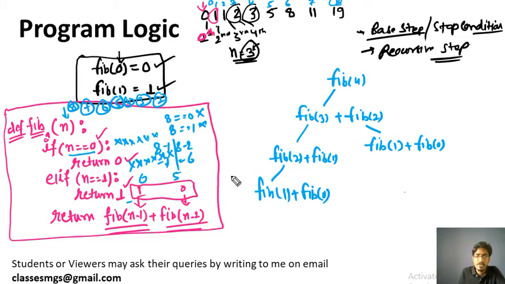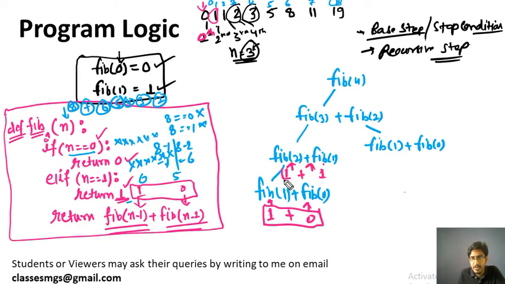Now Fibonacci 1, n equals 1, will return 1. So now it's time to return. Fibonacci 0, n equals 0, will return 0. The addition of these two will be returned to function 2, so it will return 1 here. Then Fibonacci 1 will return 1, so 1 will be returned here.